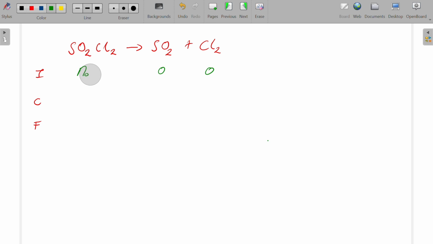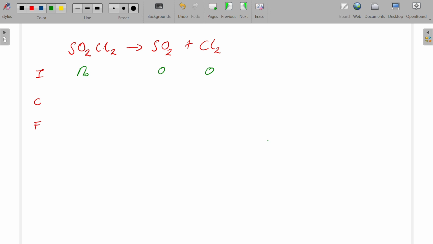In other words, reactants are going to reduce and products are going to increase.